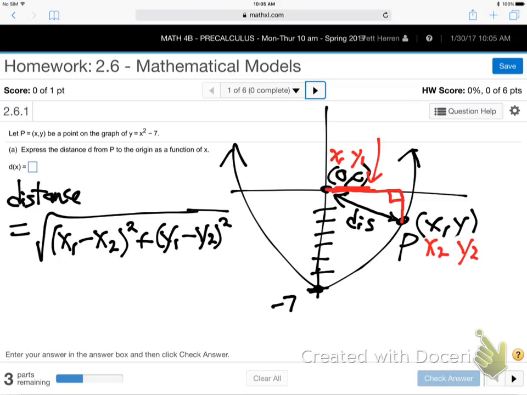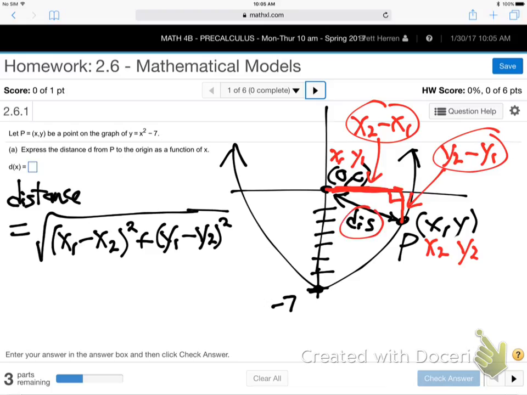The horizontal distance is the second x value minus the first x value, the difference of x values, and the vertical distance is y2 minus y1. So this squared plus that squared equals distance squared: (x2 minus x1) squared plus (y2 minus y1) squared equals distance squared.